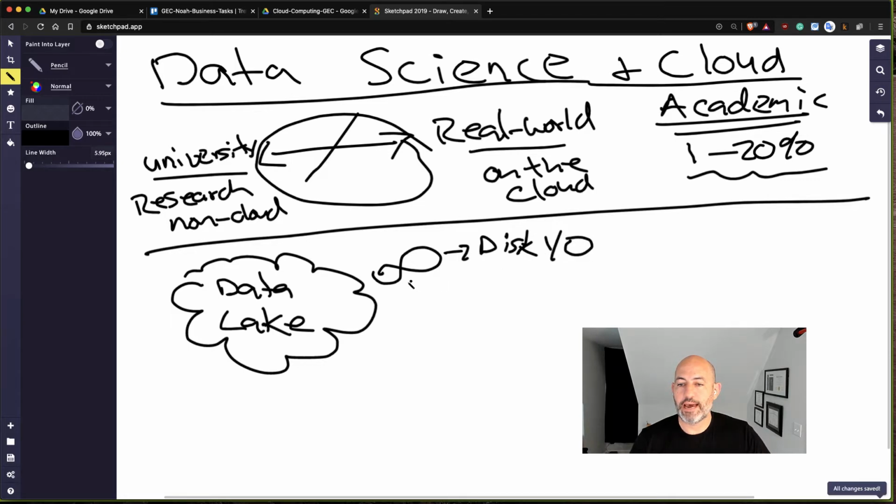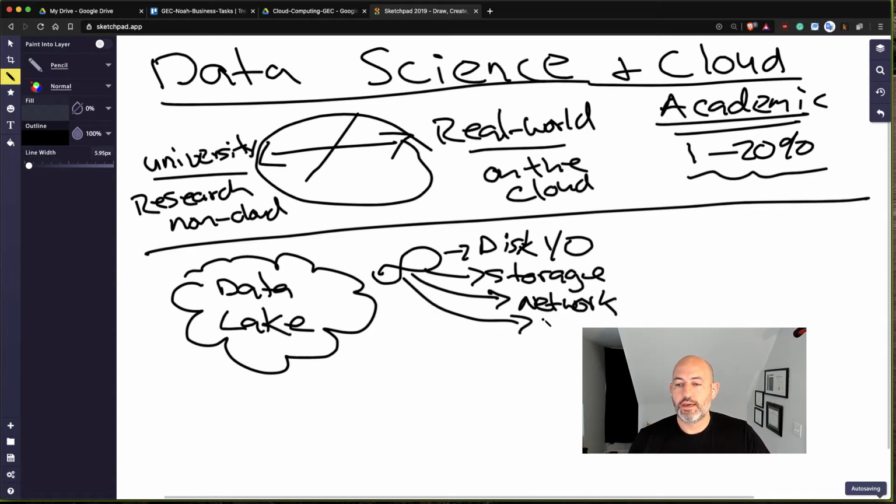So disk I/O, it opens up storage. We have effectively infinite storage. We also have effectively infinite network, because this is a highly available network, and also it's software-defined storage as well. So this is all dynamic, and it's this cluster of storage that has these capabilities that you don't get from a laptop.